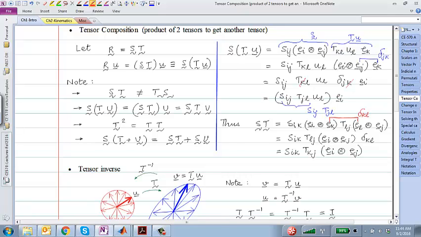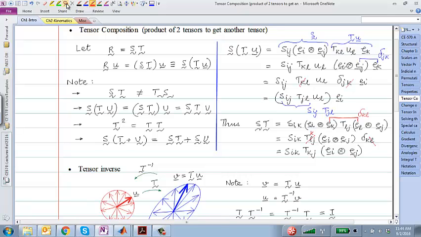And what will be remaining would be ei dyad with ej. So that's what's remaining here. And delta kl comes here. Finally, we'll contract out some of the components. So one way to do that would be to cross out this L and this L and replace that with K.